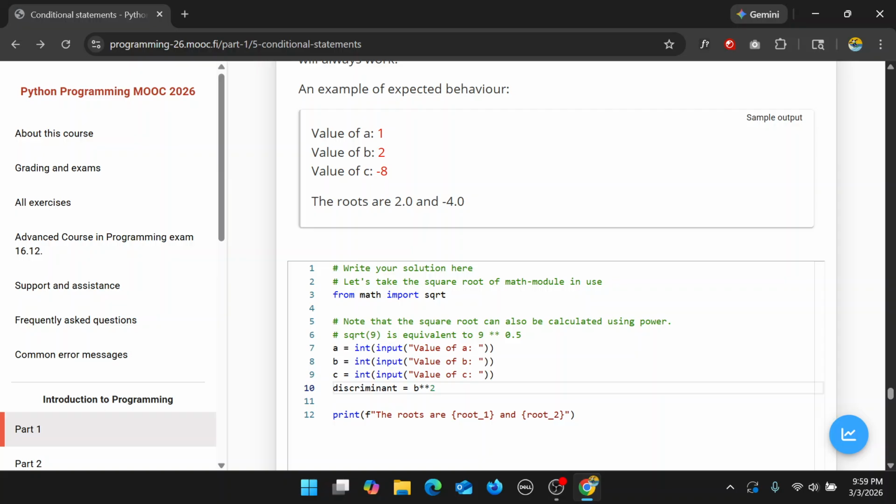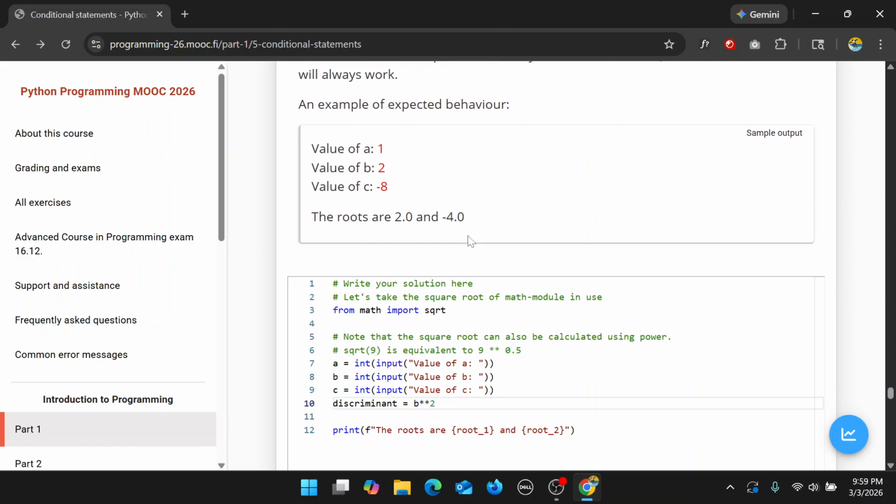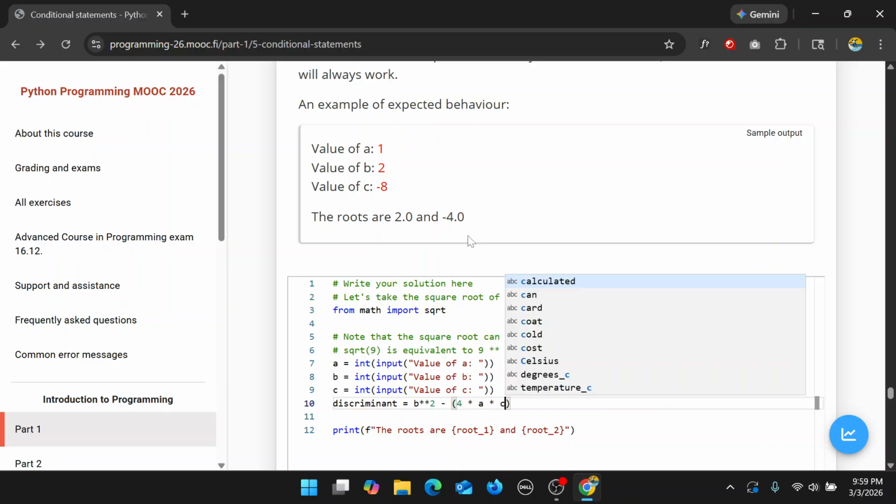Remember this operator from one of the previous sections, about arithmetic operations I should say. This double asterisk means exponents. So this is like writing b to the power of 2. But I don't think that will work in Python, so we have this double asterisk operator. So we're saying b squared minus 4 times a times c.